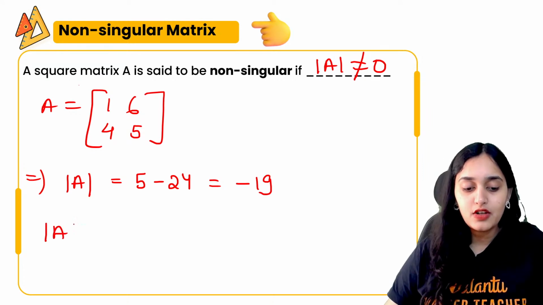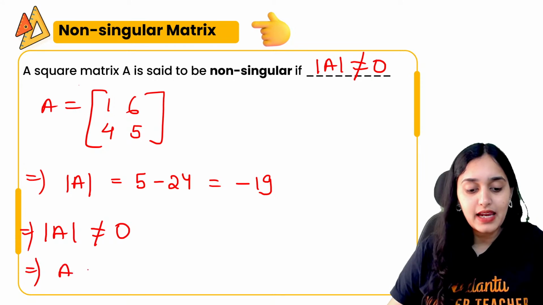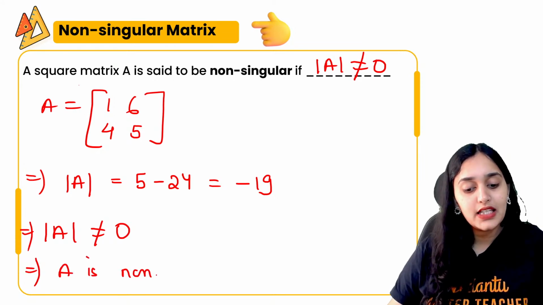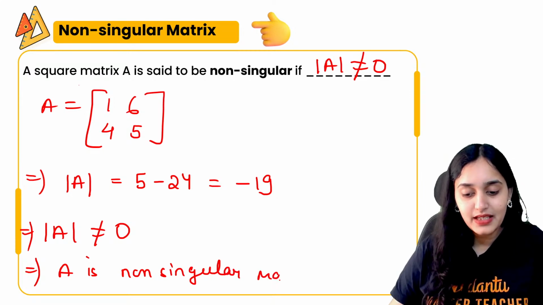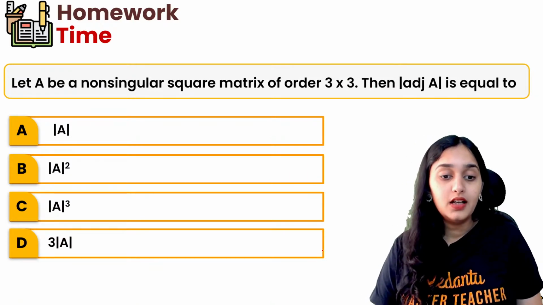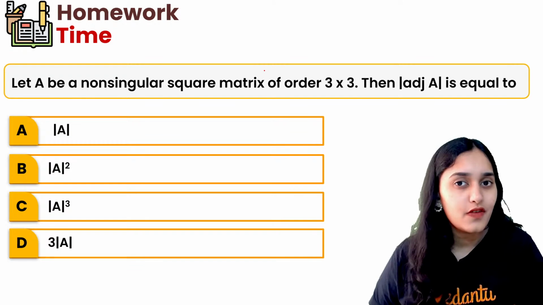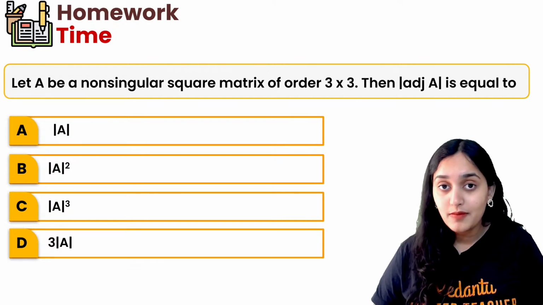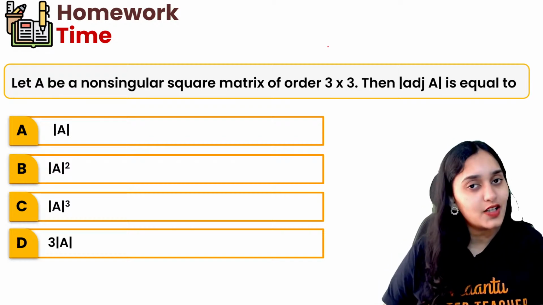So, determinant of A is not equal to 0. This implies that A is a non-singular matrix. Simple? Easy? Very good. So, till now we have seen how we find the adjoint of a matrix, the determinant of a matrix, and how we apply it in finding singular and non-singular matrices.